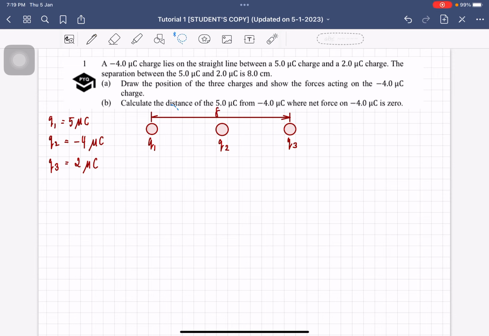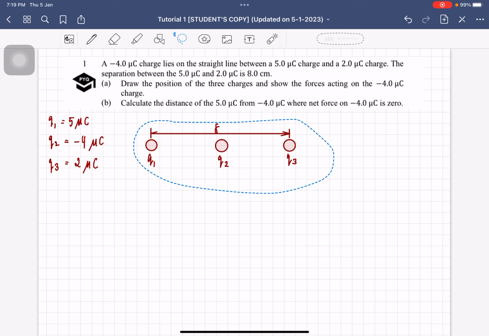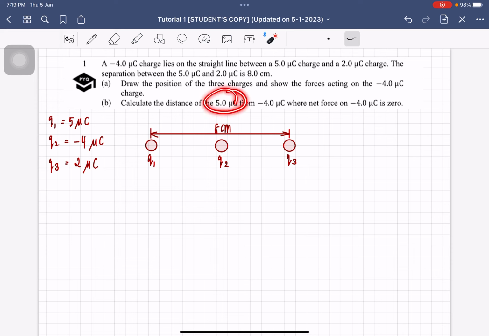For question B, we are asked to find the distance of the 5 microcoulomb charge from the negative 4, which is this one. So what is this distance? I'll label this as x, because we are going to need this later. We are going to calculate it later.